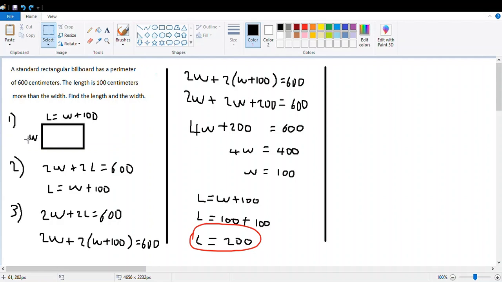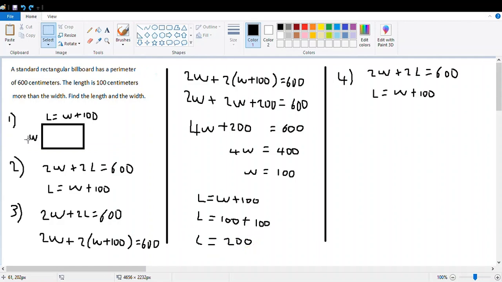Now we solved already our word problem, but of course it's important step number 4, because step number 4 is check our process. The checking process is replacing in the original equations our solutions. Okay, in this case our solution is W is equal to 100 and L is equal to 200.